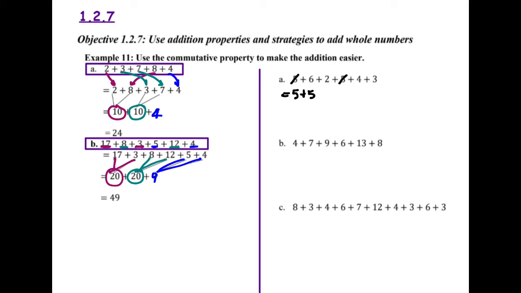Okay, so next I'm going to do the 6 with the 4, because that also equals 10. Then I'm just going to bring the 2 and the 3 down because they're left over. And now I have them all. Okay, so these 2 equal 10. These 2 equal 10. And these 2 equal 5.